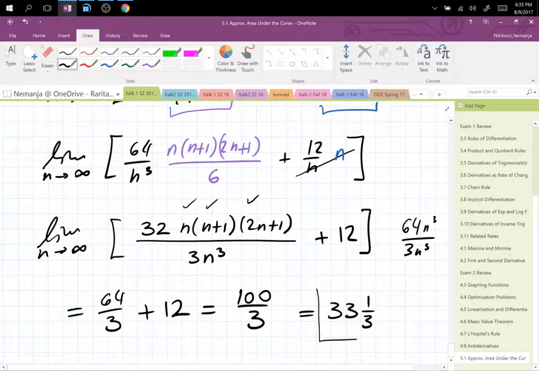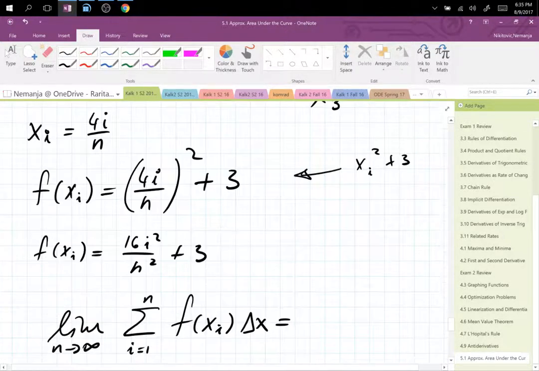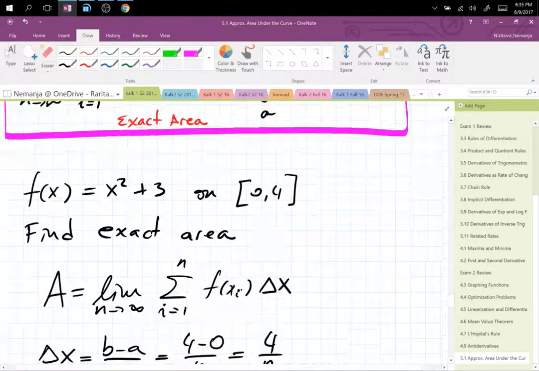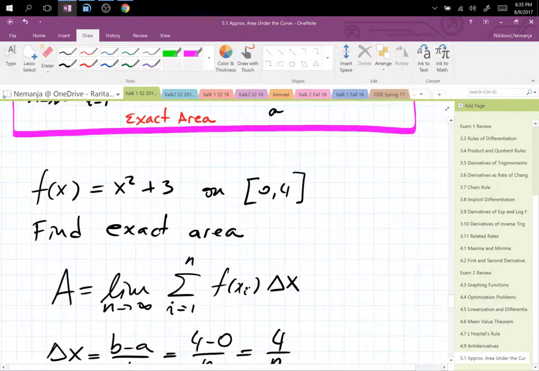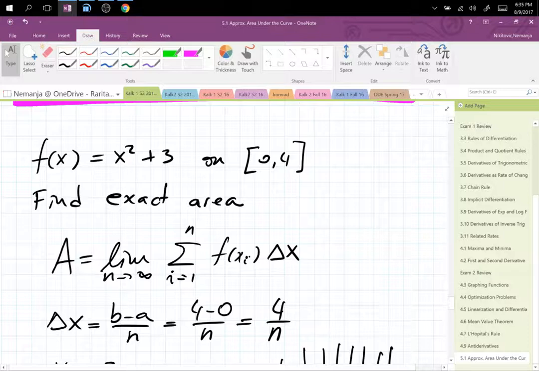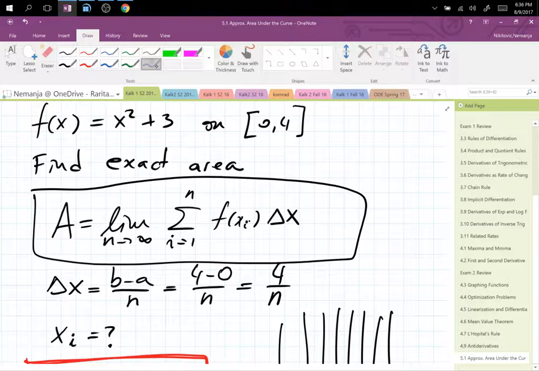So we did this problem to demonstrate the procedure of how we use the limit, how we use the Riemann sum to find exact area under the curve. And it is very systematic, because when you know the formula, you look at the ingredients.